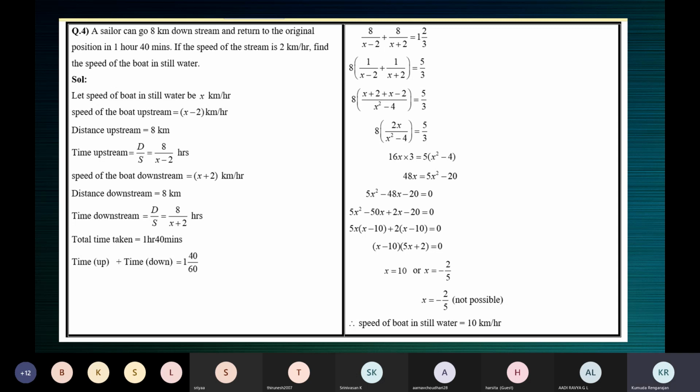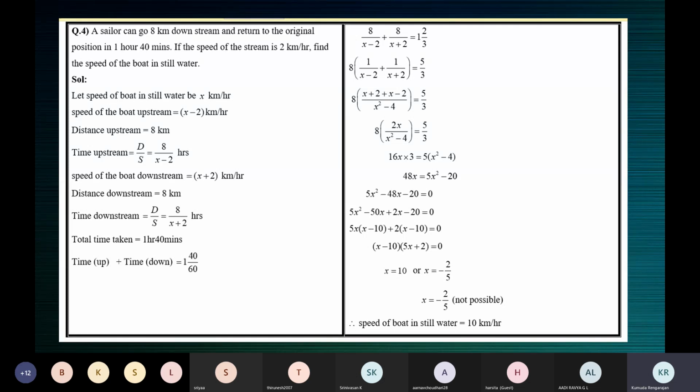So we have two different cases, upstream and downstream. Identify the distance. You must have the distance and speed in both cases. What is the distance upstream? 8 kilometers. Speed upstream, x minus 2 kilometers per hour.